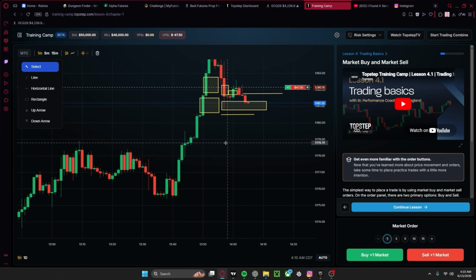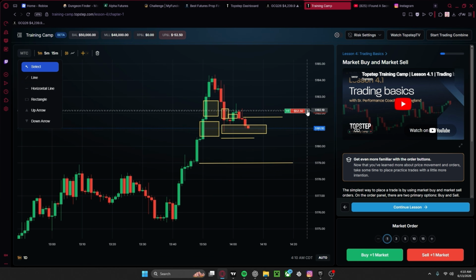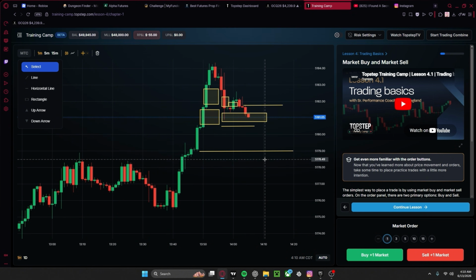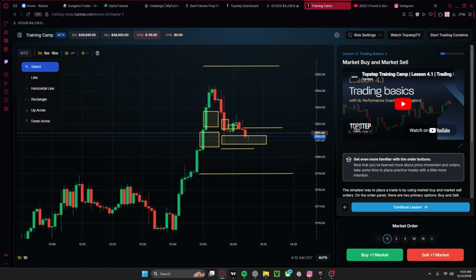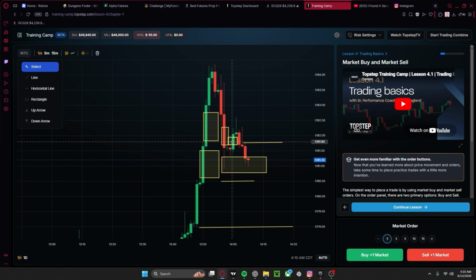All right. About right here. Actually, I'm gonna exit the trade right now. And I wanna see where it's gonna go. Because I know it's gonna go right here. Okay, let me see the fair value gap.